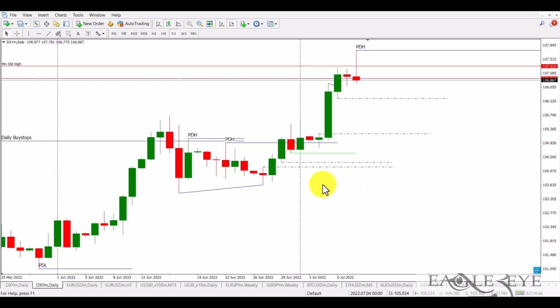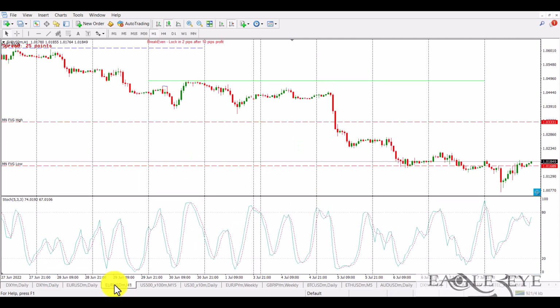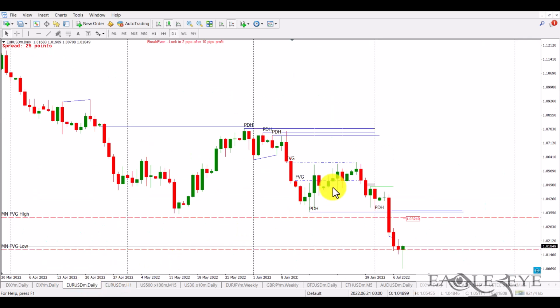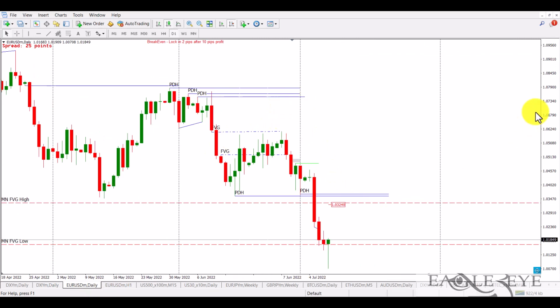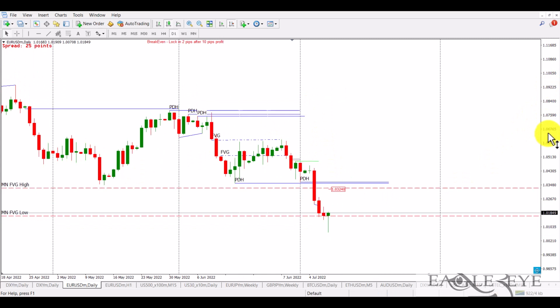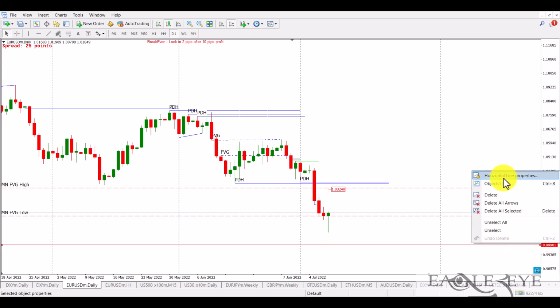Let's take a look at what to expect in the Euro USD. Personally, the expected level is this mark right here, 1.00210.